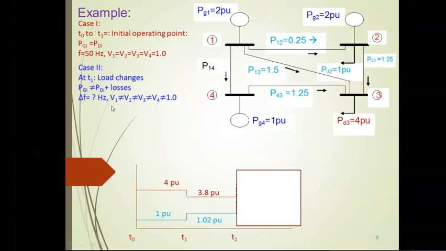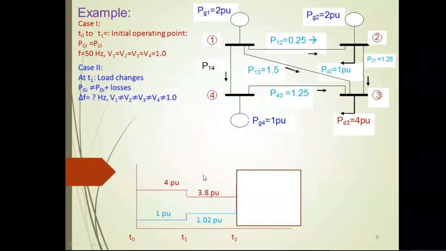Here the total generation and demand are not changed, because I consider them constant now, but the individual values have changed: a decrease to 3.8 here, and an increase to 1.02 there.